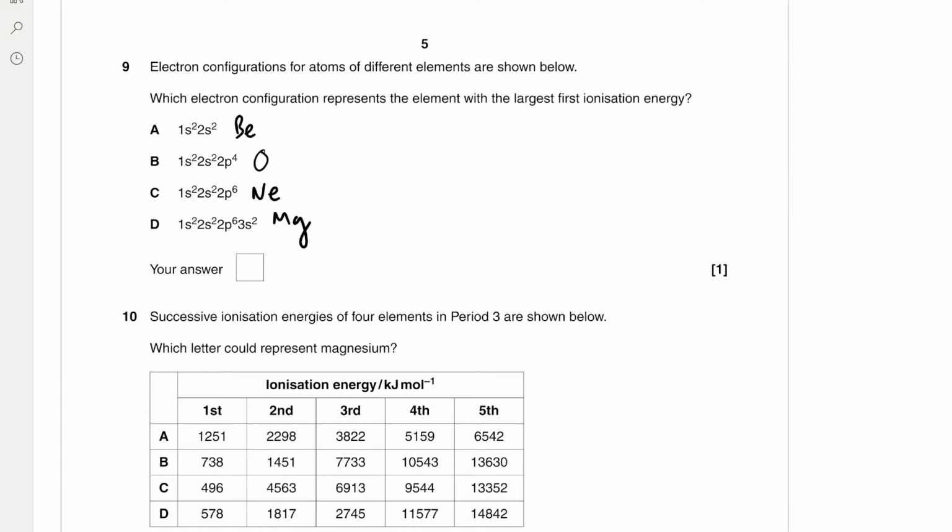So ionization energies, you have to consider across period, down group. So across periods they increase, and down groups they decrease.